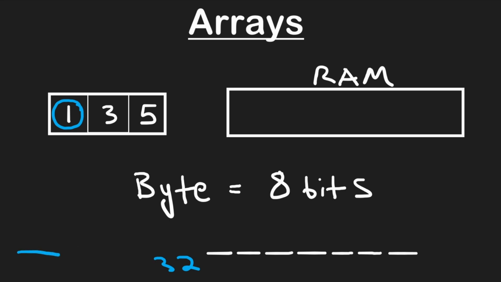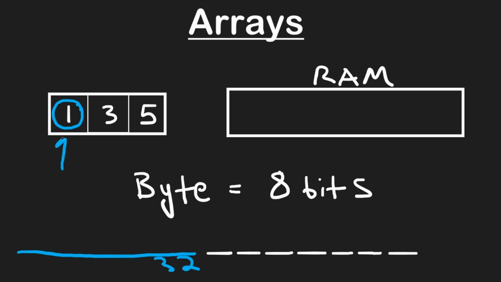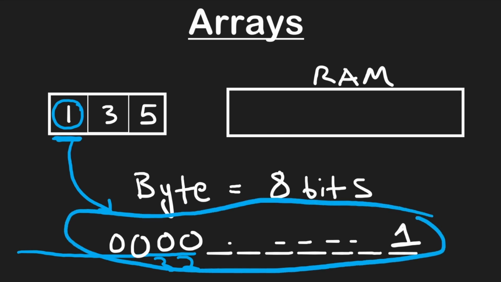I'm not going to draw all of them out, but you can assume that we have in total over here, we have 32 bits. So how are we going to represent this 1? Well, we're going to talk about this a little more in depth later in the course, but for now, I'll just tell you that it's going to be 31 zeros, and then all the way at the end, we're going to have a single 1. So what's important here is that we have a way to take this 1, represent it in terms of bytes, and then we're allowed to put that into RAM.